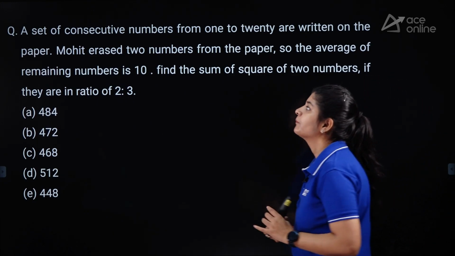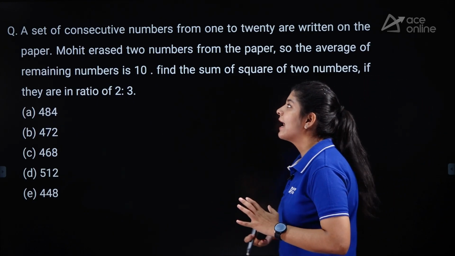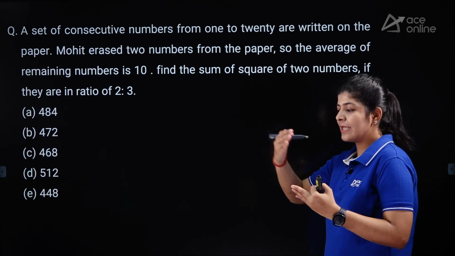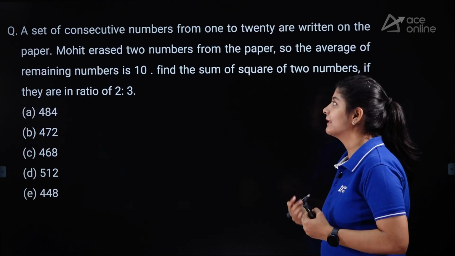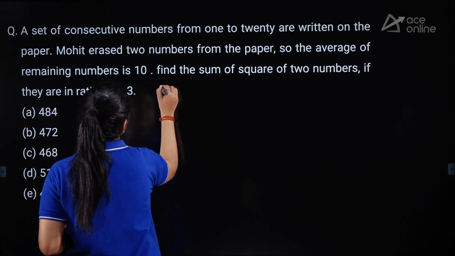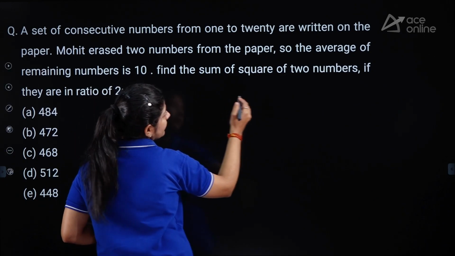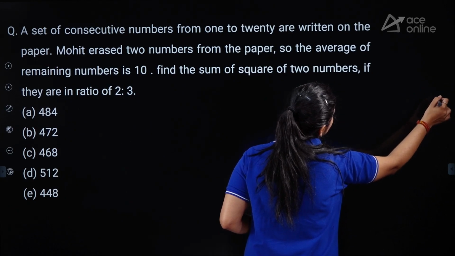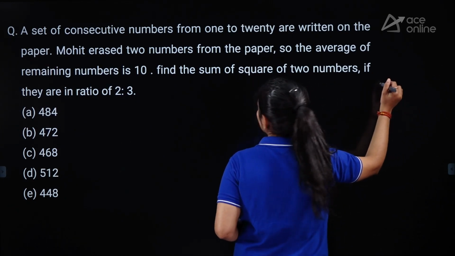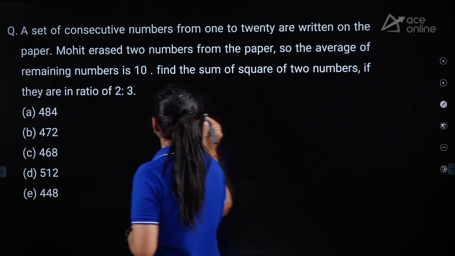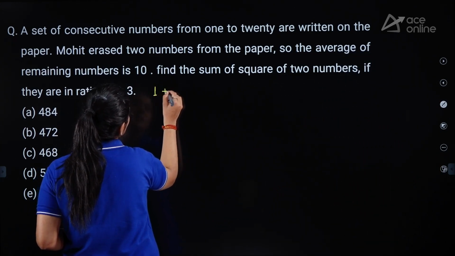Okay, let's start. So here the question says that a set of consecutive numbers, that means 1, 2, 3, 4, like in this one. So here the number from 1 to 20.